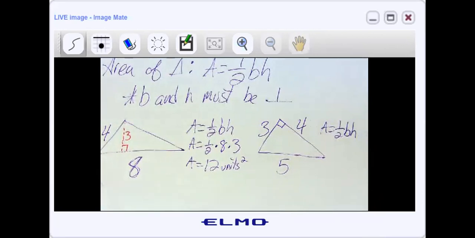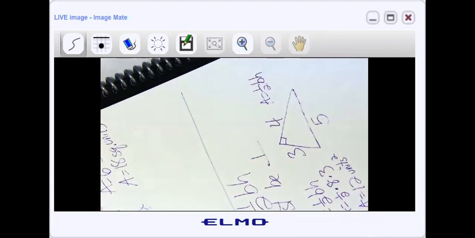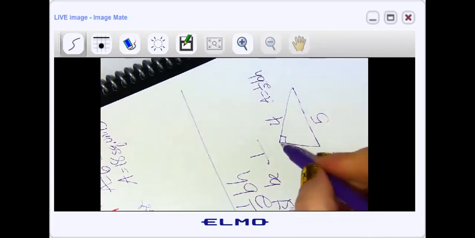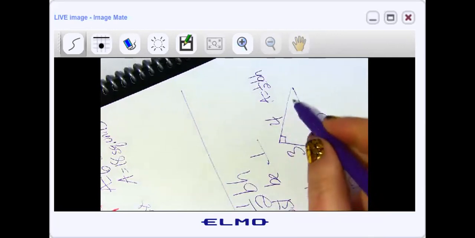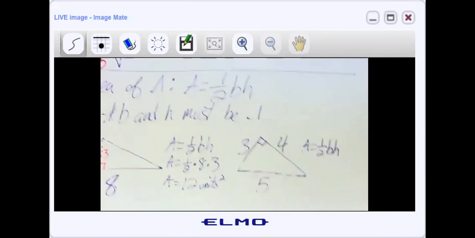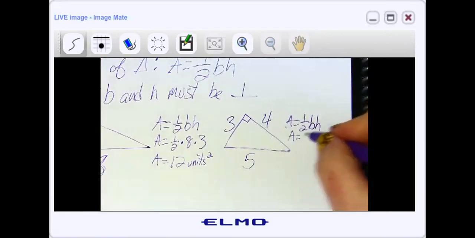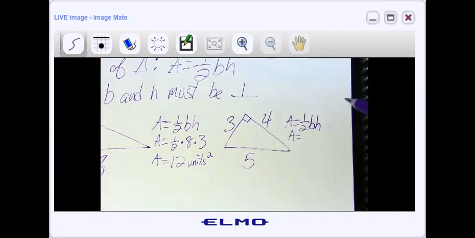If you really want, you can turn your paper so that the 3 is on the bottom like this, and now you have the base and the height. Yeah, so you can totally do this. The 5 is irrelevant. I'm just going to use the 4 and the 3. So in this case, now who's the base and who's the height? It doesn't matter.